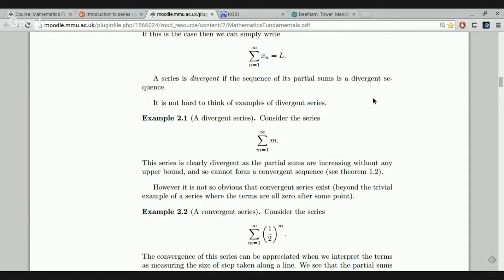So this is 1 plus 1/2 plus 1/3 plus 1/4 and so on. Now this kind of looks like the series we just looked at.